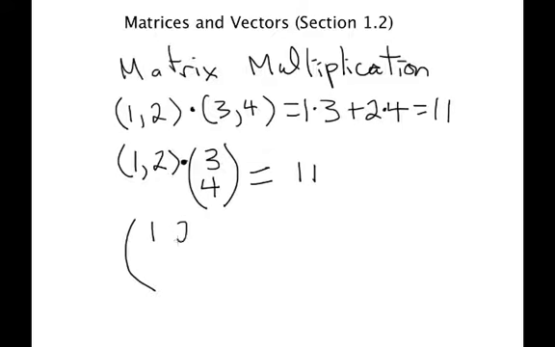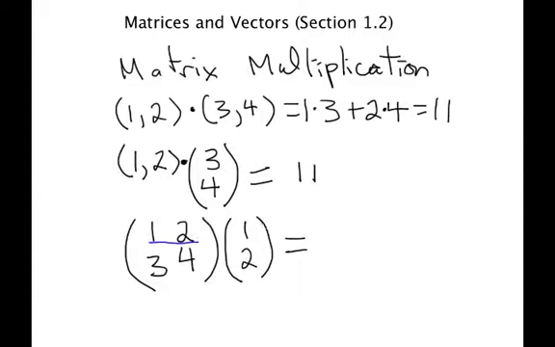To multiply 1, 2, 3, 4 times 1, 2, we're going to do two dot products. So the first dot product is where we look at this first row and then this column matrix, and you take their dot product, which gives 1 times 1 plus 2 times 2, which is to say 5.